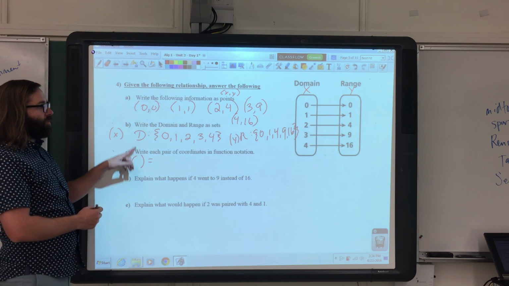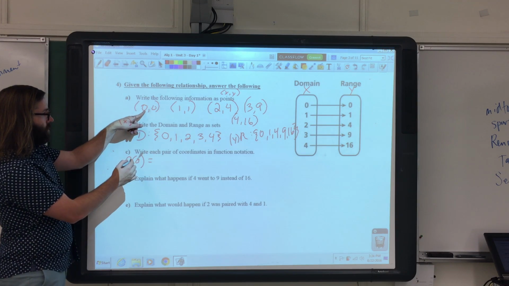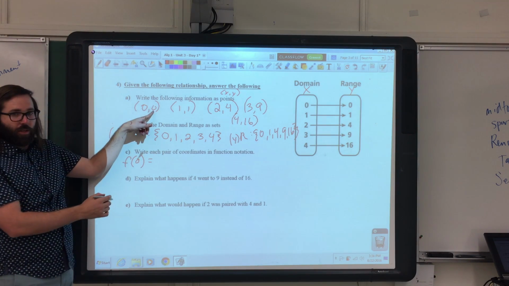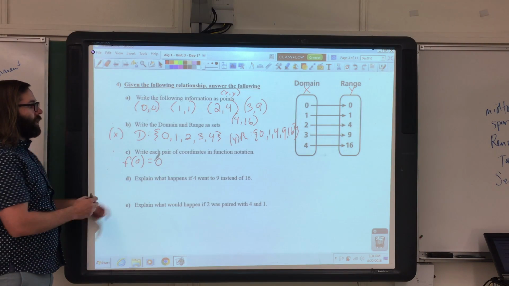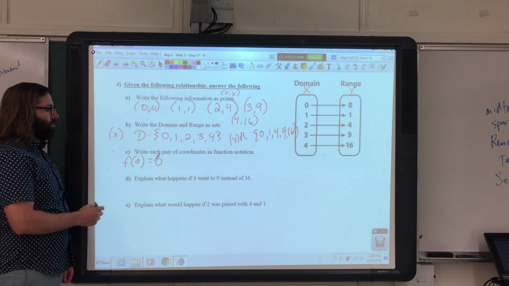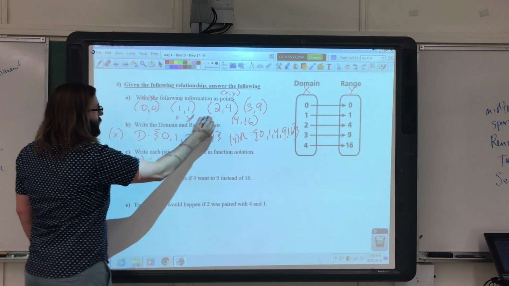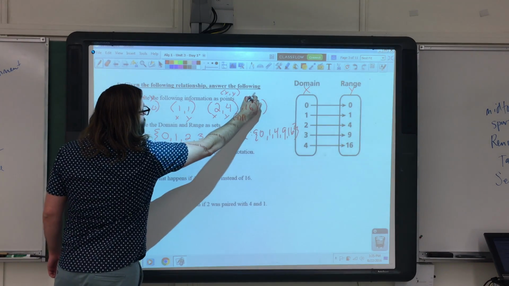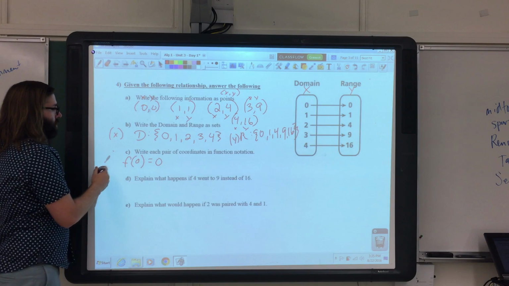So we're going to go to the specific x's. So f of 0 is going to be equal to 0. Remember, another way to write f of x is y. So here's our x's, y, xy, xy, xy, xy. Okay?